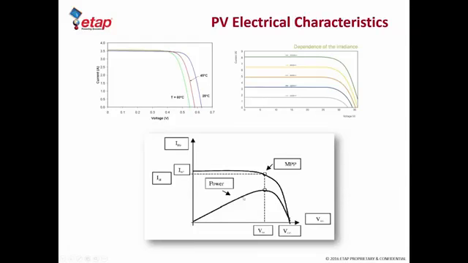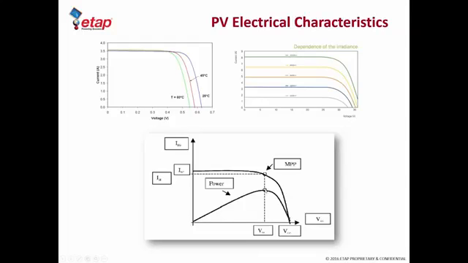When we look at the power curve and the IV curve and overlay them on top of each other, we can see a correlation between the two. The peak of the power curve corresponds to the knee point of the IV curve. On this point right here, that's where we are going to get maximum power.